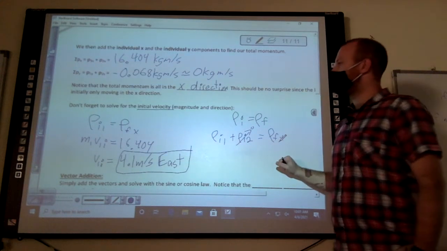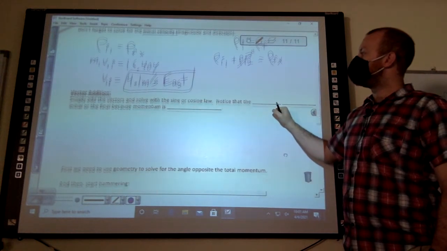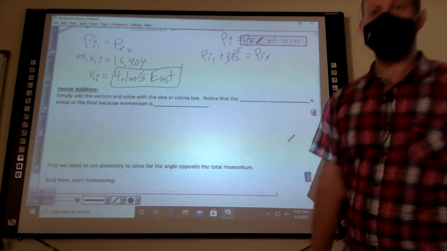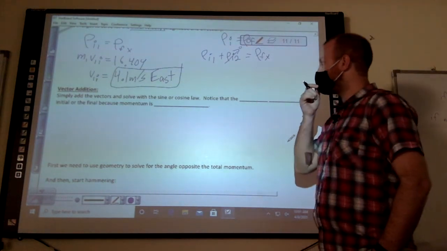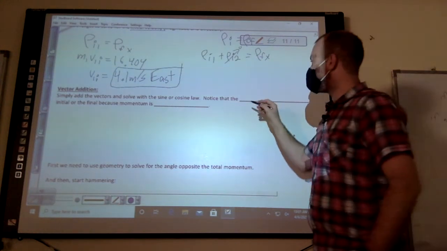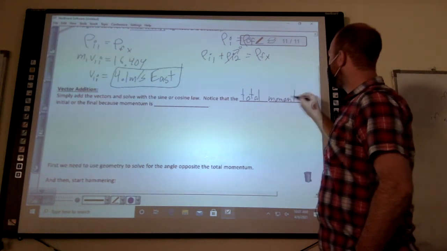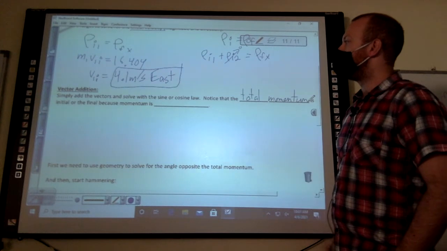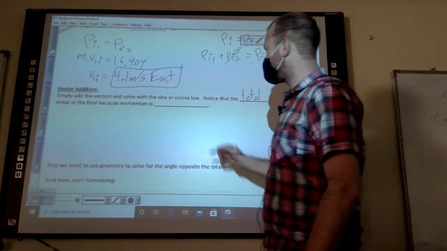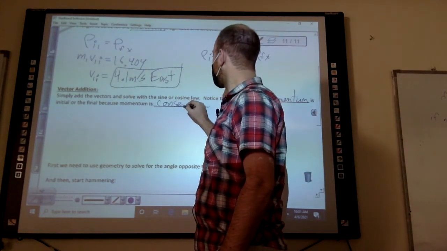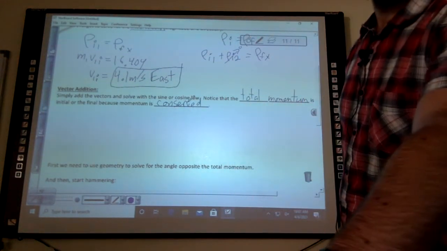So that's one way to go about it, using the component method. The other way is vector addition, which people tend to frown upon when they see it, but this one's actually a lot quicker. We need our total momentum to be conserved. So in order to do this, let's add these like vectors.